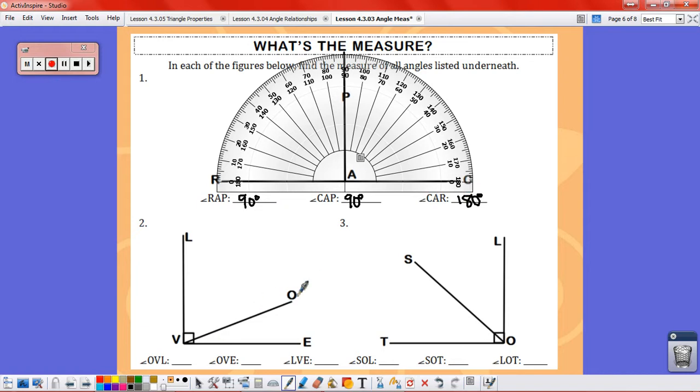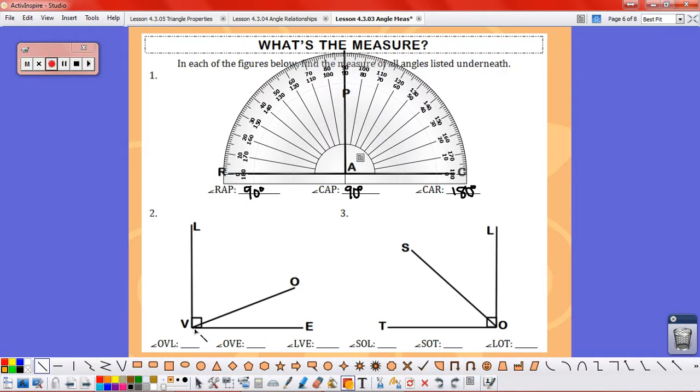Alright, this is our next one. I'm going to go ahead and extend my lines because I have a feeling I'm going to need to. I'm just going to extend all of them just to make life a little easier. And I'm trying to extend them as carefully as possible because I can accidentally change the measurement of an angle by extending a line wrong.